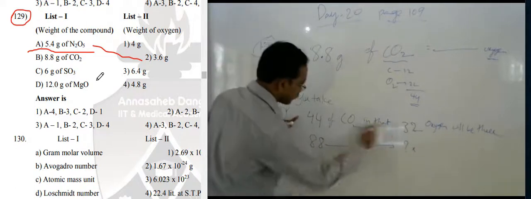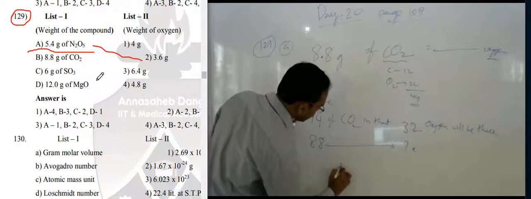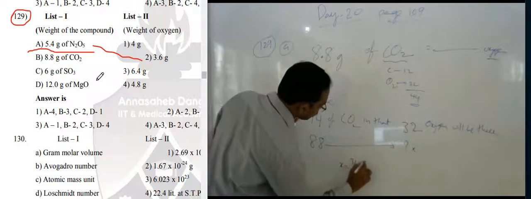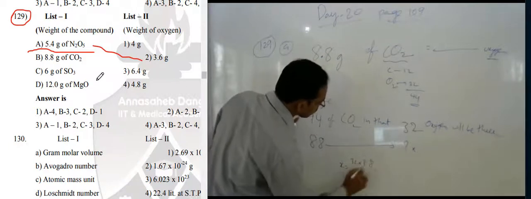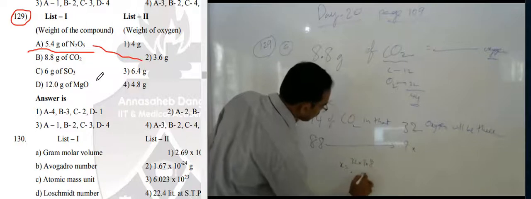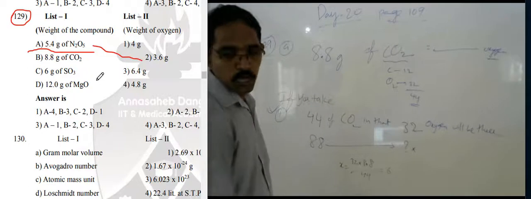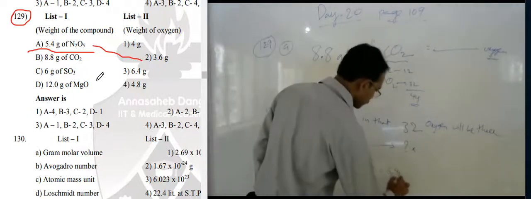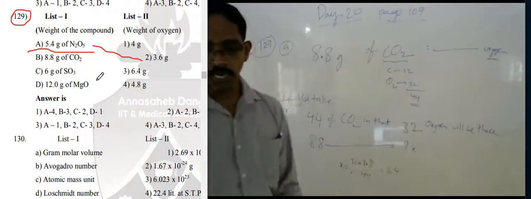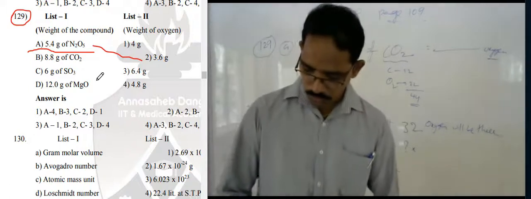These two equal to this two. That means x equals 32 into 8.8 upon 44. So your answer is 6.4. Very good. So now you understood how to calculate. So C and D also you can do.